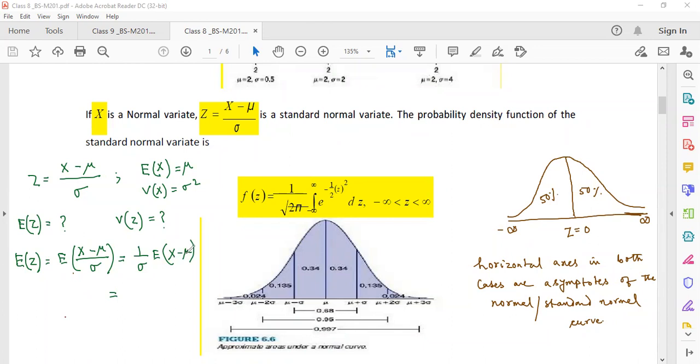And we know the average of deviations of the values taken from mean is always 0, because the sum of the deviations of the values taken from mean is always 0.